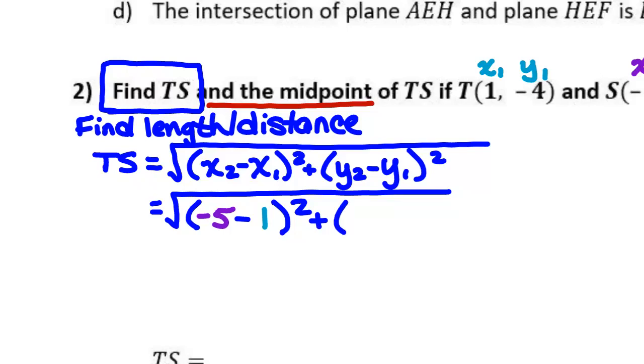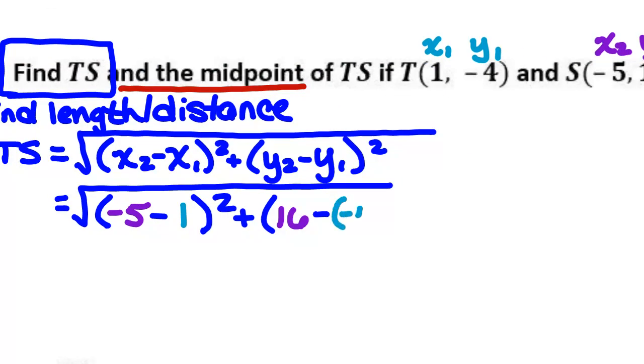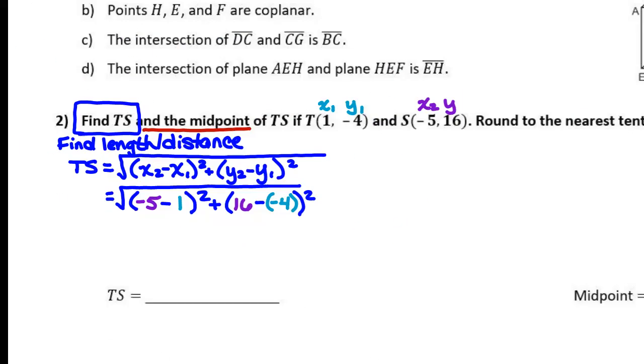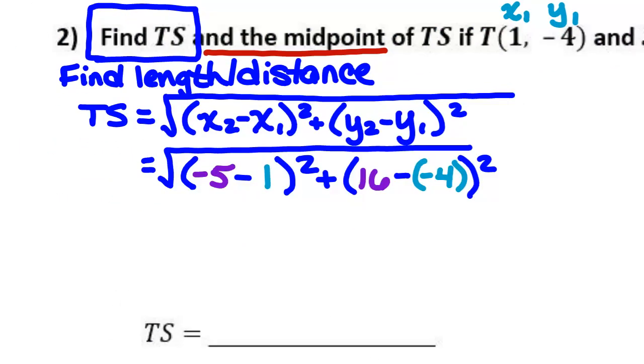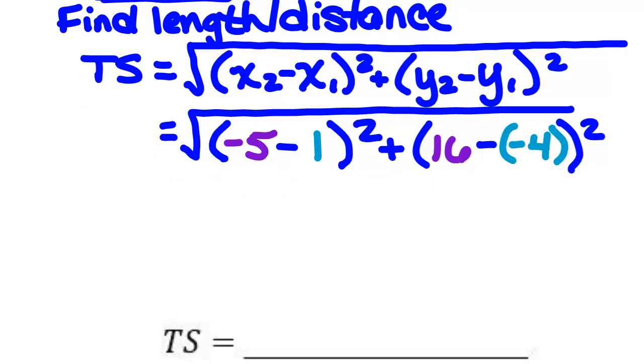Plus Y2, which is 16, minus, and then we have -4, close my parentheses and square it. We're going to simplify each of the fractions by itself before we do any squaring and before we put the whole big thing with the radical into the calculator.